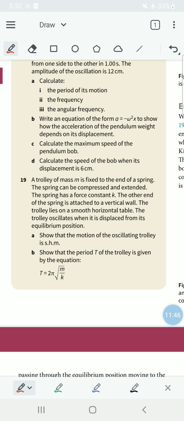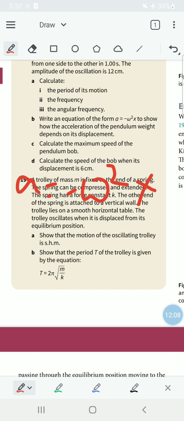They are asking to write an equation of the form A equals negative omega squared x to show how the acceleration of the pendulum weight depends on its displacement.